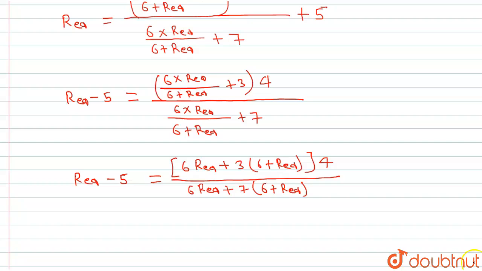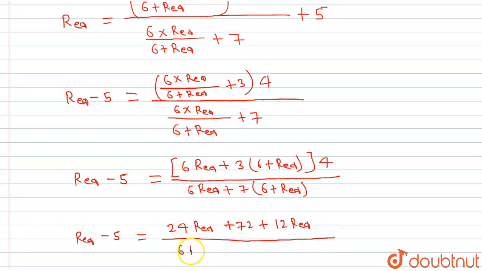Now from here R equivalent minus 5 is equal to 24 R equivalent, and we multiply by 4, this is 12, and 12 times 6 is 72, plus 12 R equivalent, divided by 6 R equivalent plus 42 plus 7 R equivalent.